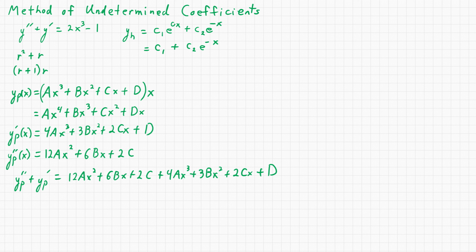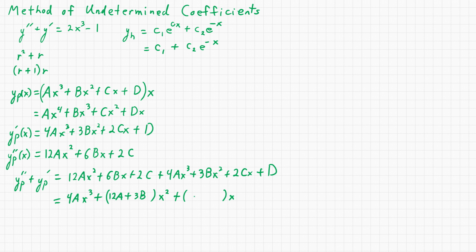All right. So now I'm going to gather the like terms. It looks like there's only one x cubed term, so there's just 4ax cubed. But there should be 2 x squared terms, so there's a 12ax squared at the front, and there's also a 3bx squared, so plus 3b. And then I've got my x terms. There should be 2 of those again.